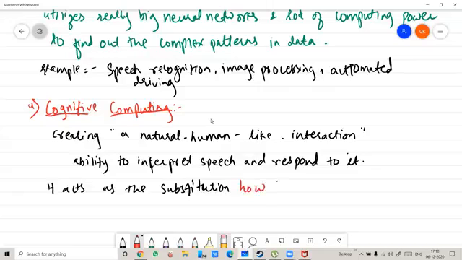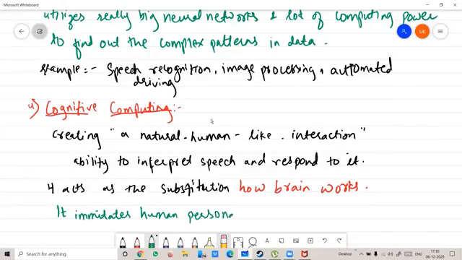This is your cognitive computing, and it imitates human personality.